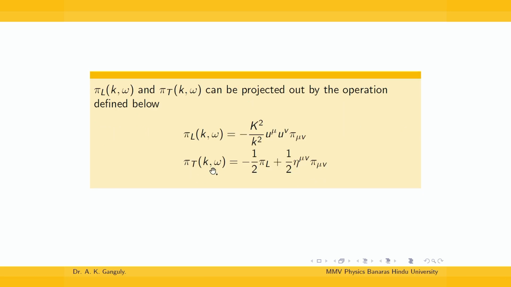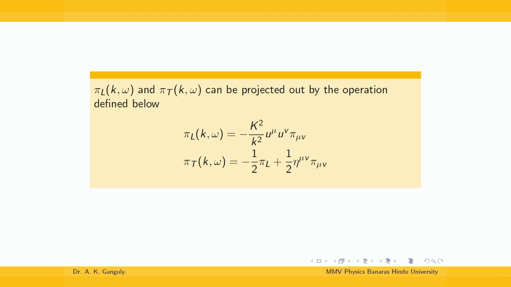So, at this stage we are left with the form factors pi L and pi T, if we are not interested in any soft photon insertion to a fermionic bubble. So, how do we get to these two objects pi L and pi T, that is the longitudinal form factor and the transverse form factor?